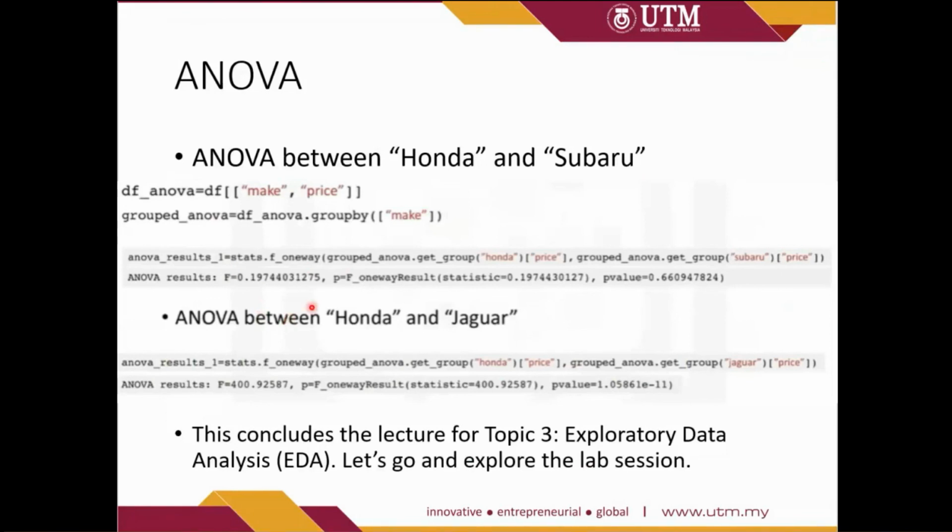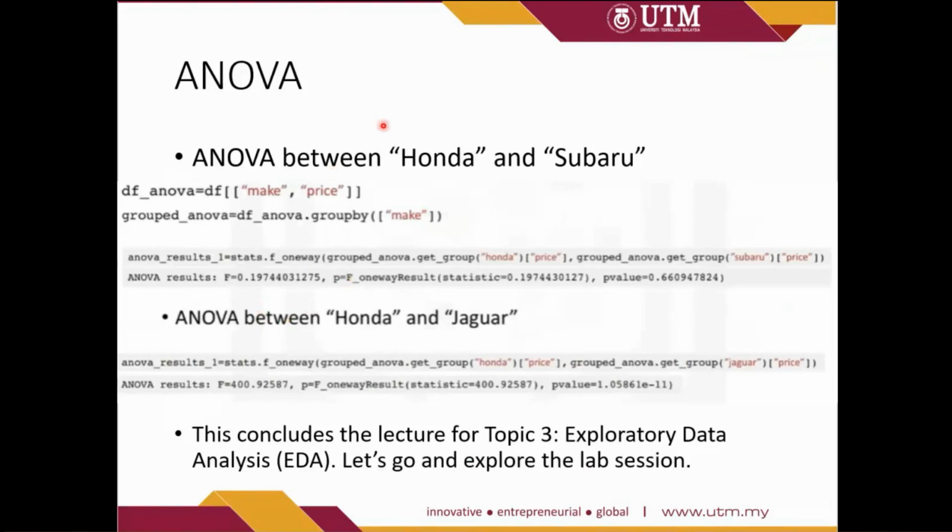Now the results confirm that we guessed it first. The prices between Hondas and Subarus are not significantly different as the F-test score is less than 1 and the p-value is larger than 0.05. But the prices between Hondas and Jaguars are significantly different, since the F score is very large.